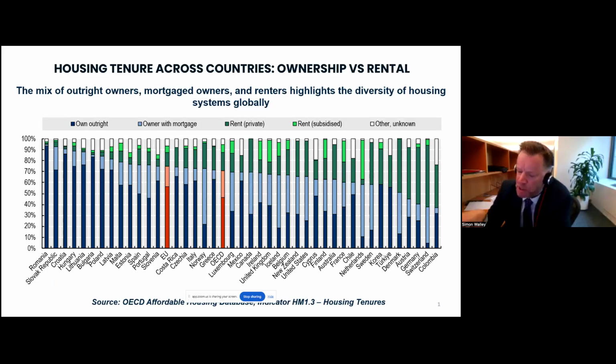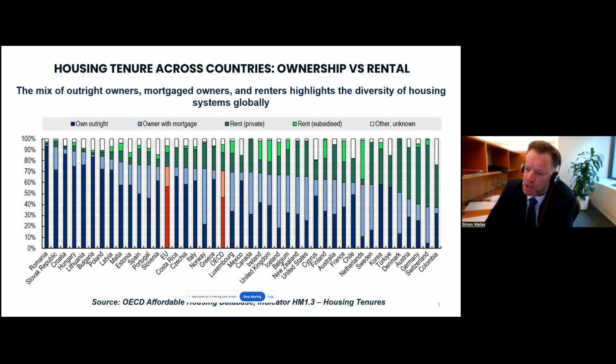So I was pleased to see that OECD is doing a lot of work at the moment, generally in the affordable housing space, both social housing, but it's got this great chart looking at housing tenure. Unfortunately, it only covers OECD countries, so it misses out a lot of the emerging economies that we work in. Nevertheless, I think it's really fascinating just to see the variety of tenure mixes across countries.